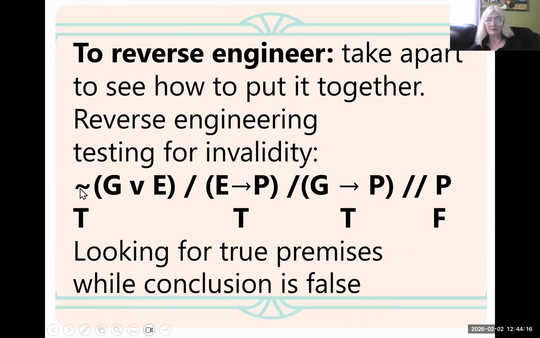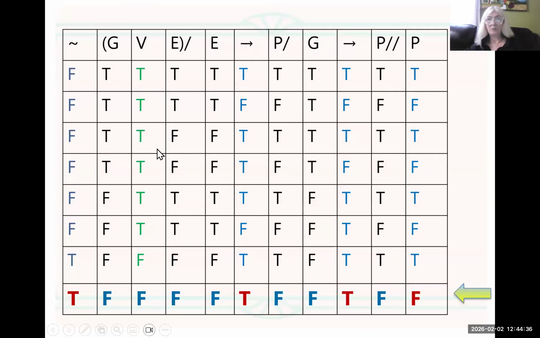So the main operators, the negation here, the if then for the E then P, the if then for the G then P, and finally the P by itself as the conclusion, we could assume is false. This is what we're looking for when we're looking at our truth tables. Remember, this truth table is our gas or electric example.